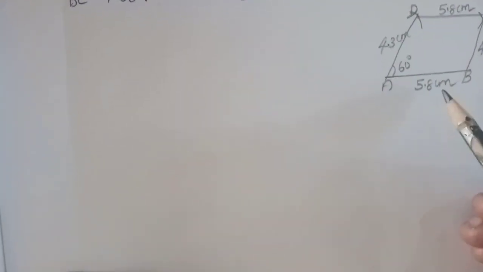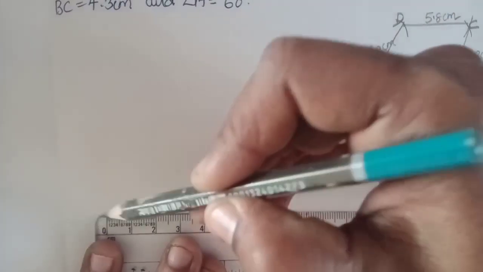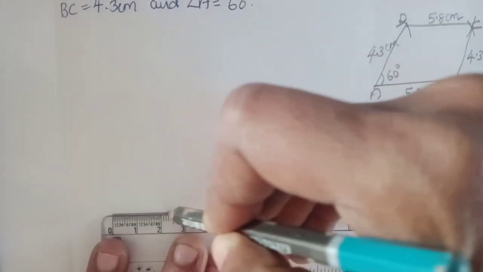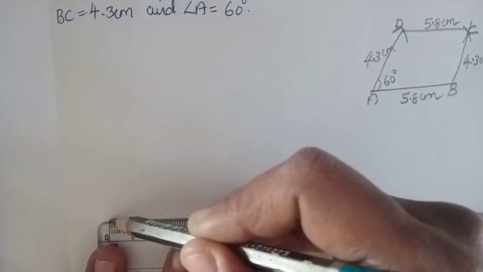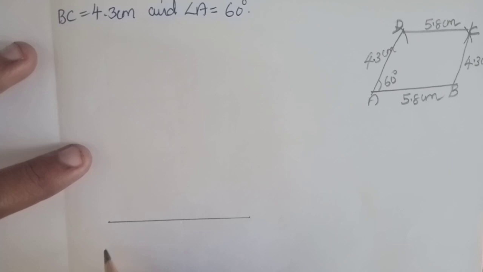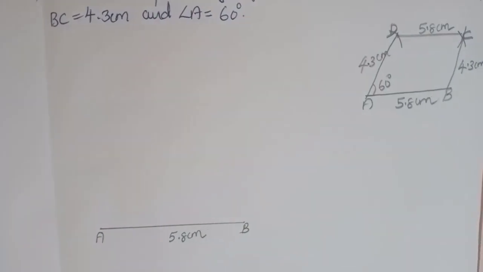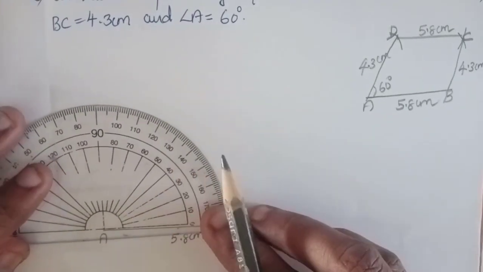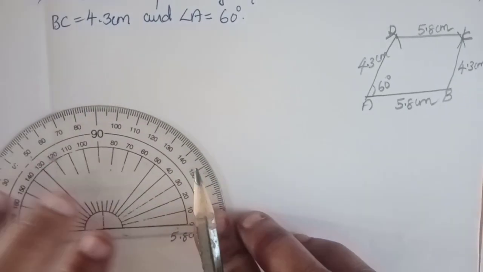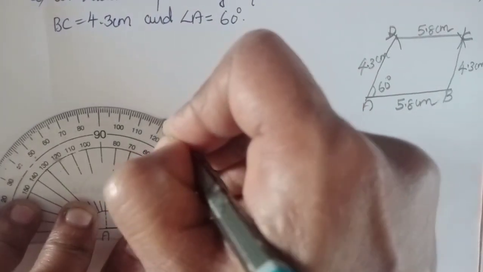First, draw a line segment AB equal to 5.8 centimeter. At A, measure angle 60 degree. Measuring an angle means you start from 0 and go to 60 degree.